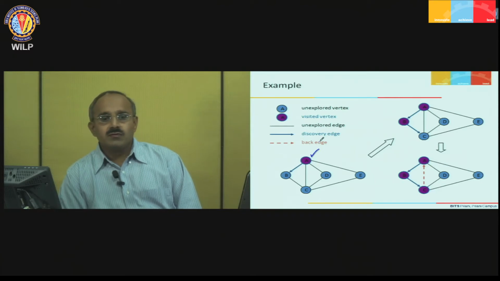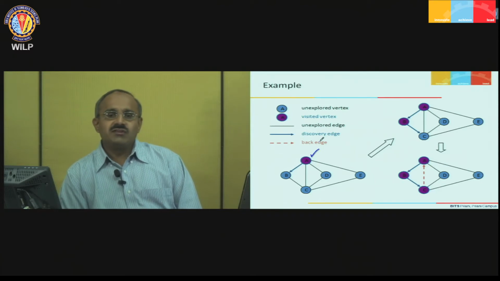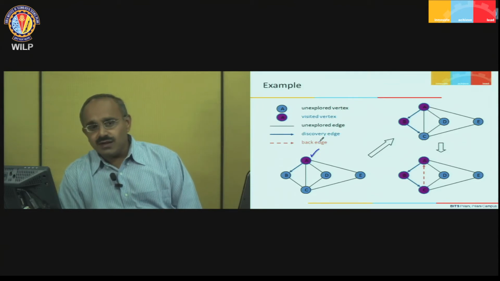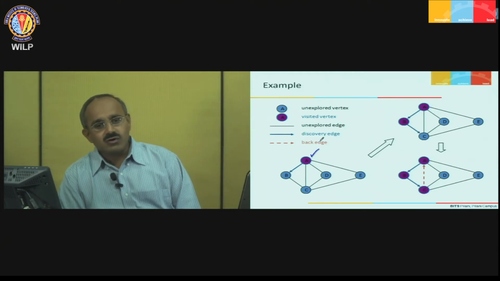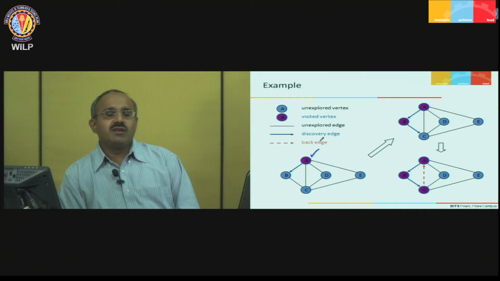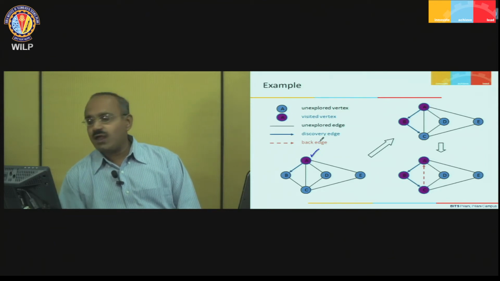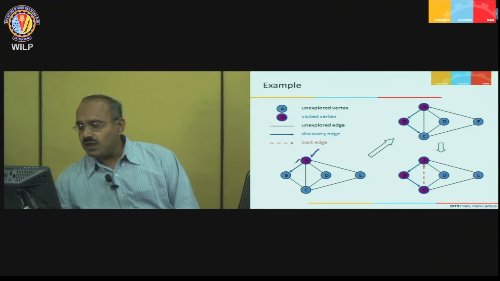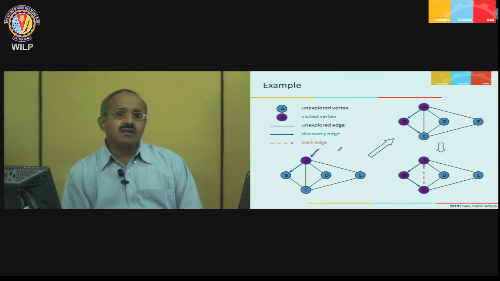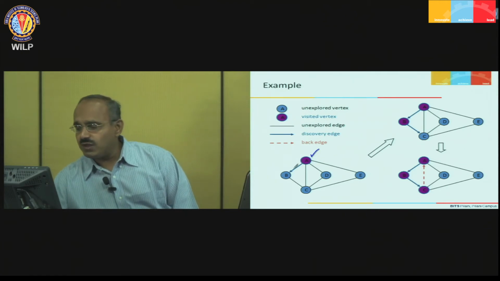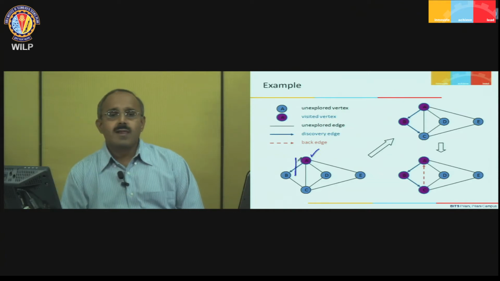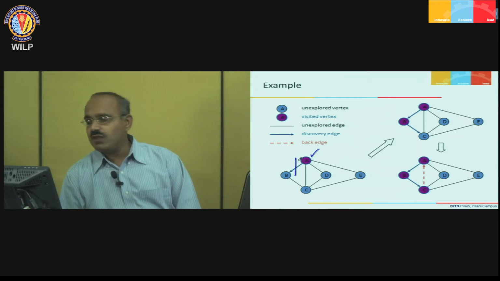Now, we are going to look at all the edges incident on A, and one can randomly choose which edge to traverse, or one can also have an order on the edges and use that order to traverse the edges. Or one can randomly choose an edge which has not been explored. In this case, we are choosing this edge to be explored first.